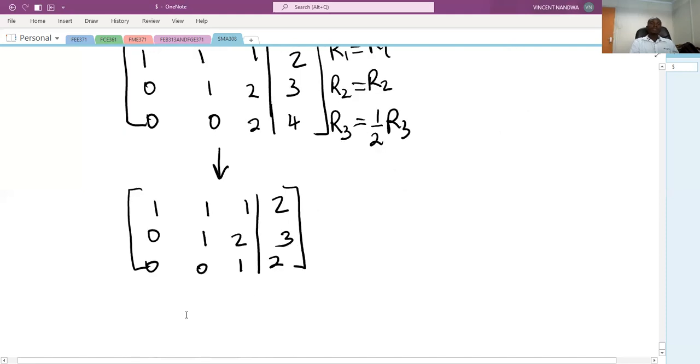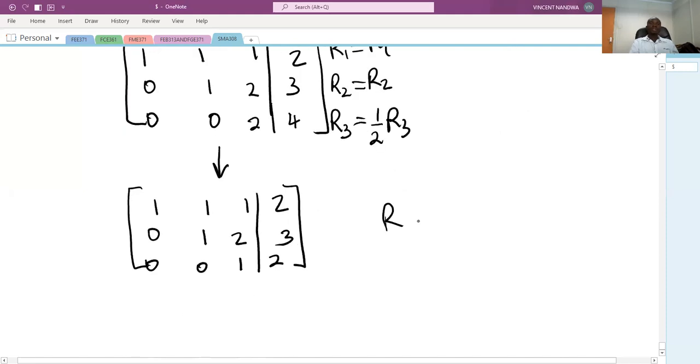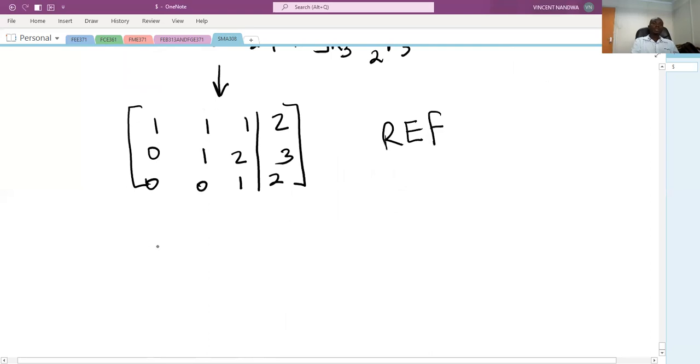So now this is the row echelon form matrix. So from which I have this first line means C1 plus C2 plus C3 equals 2. This means C2 plus 2C3 is 3. And then this one means C3 is 2.